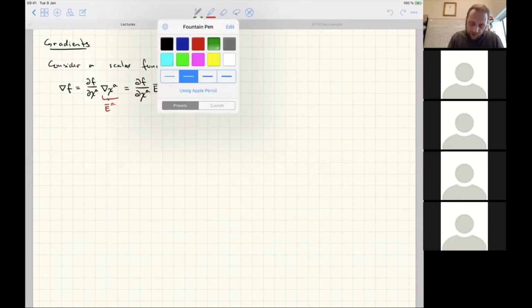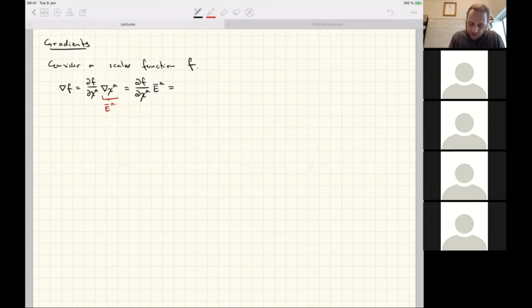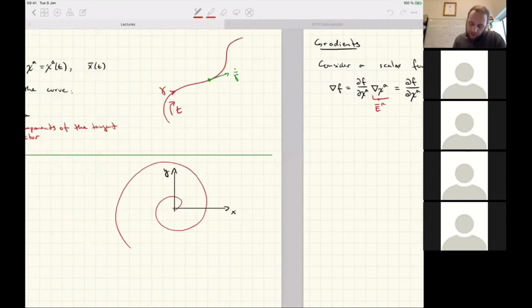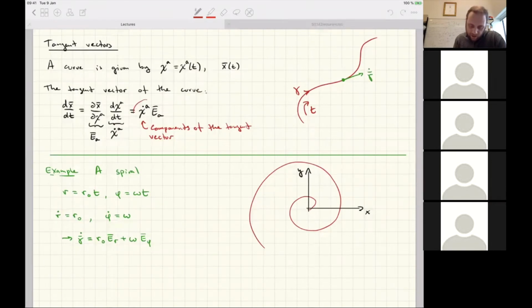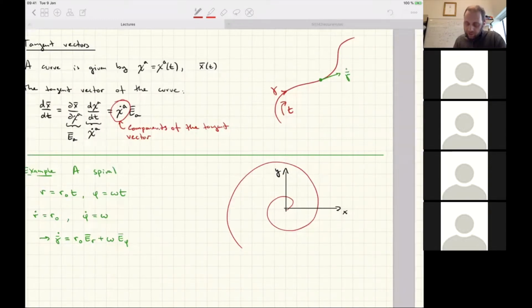Using a new notation, I will write this as ∂_a f e^a. So these derivatives of f with respect to the coordinates are natural covariant components, whereas these derivatives of the coordinates with respect to some single parameter are natural contravariant components.